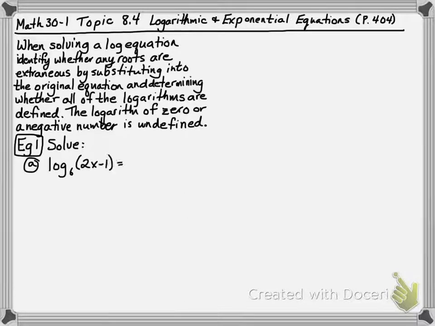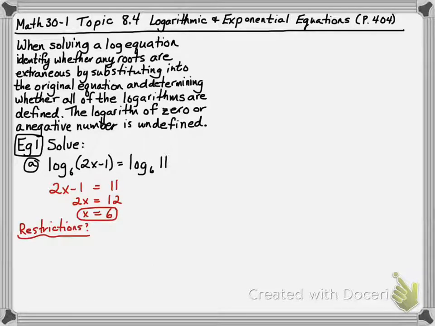In example 1, we're asked to solve log base 6 of 2x minus 1 is equal to log base 6 of 11. Since the log base 6 is the same in both, we can say that 2x minus 1 has to equal 11. That means that 2x is equal to 12 and that x is equal to 6.